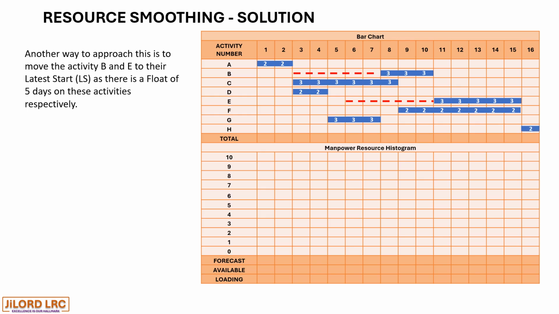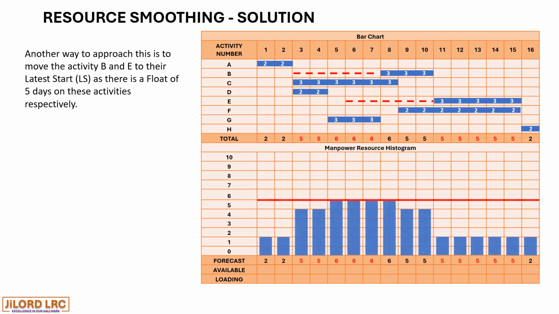So let's look at the total resources available. And these resources are within the available 6. There is none above 6. So we can proceed and draw our histogram. So this is what this also comes out with. There is no resource above the available 6.